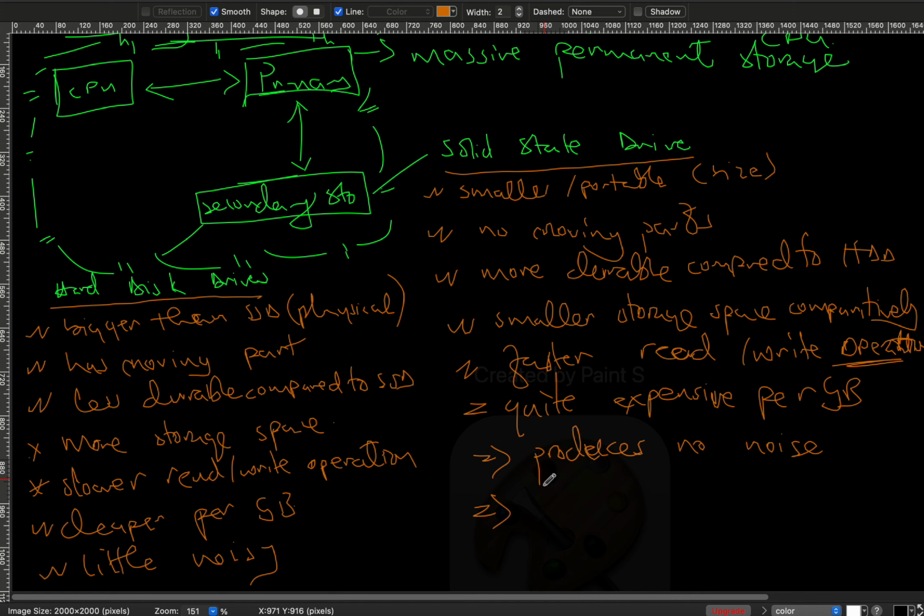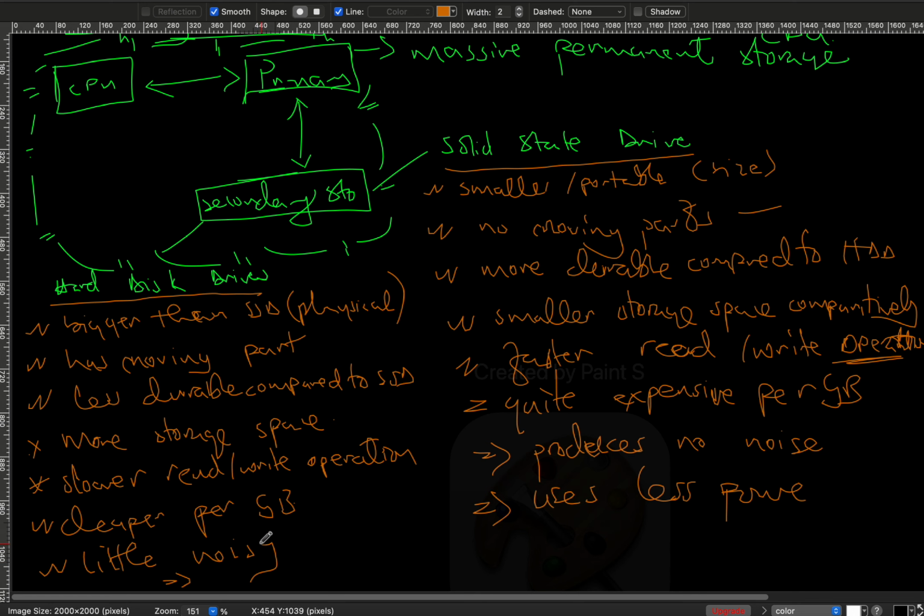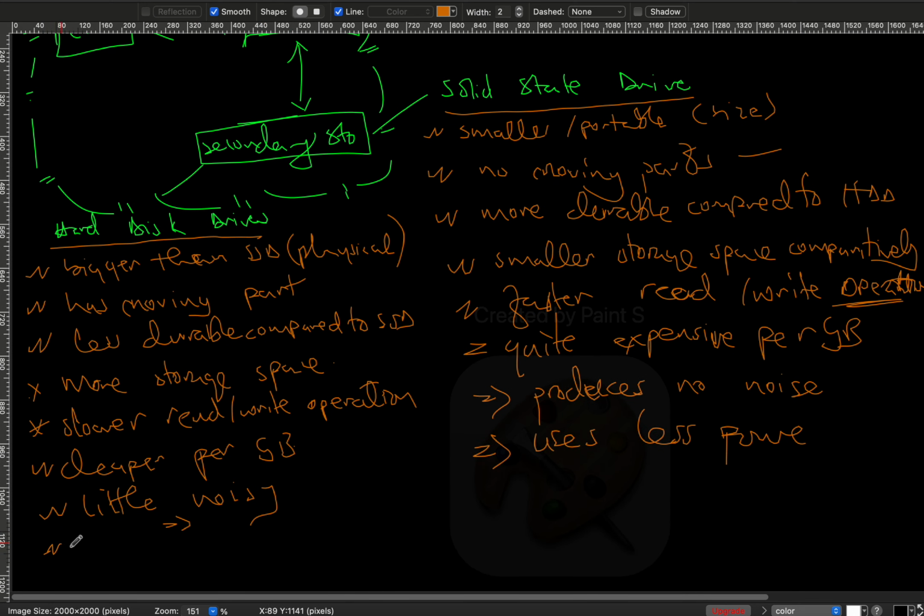You see again that the SSD uses less power because there are no moving parts. But this one uses more power. It consumes more energy, right?